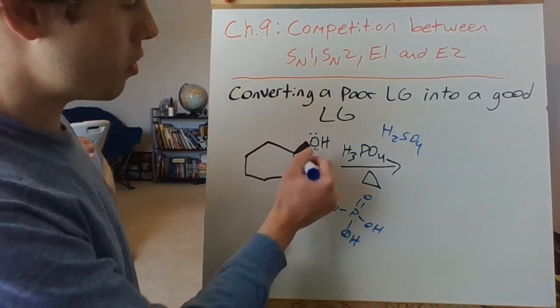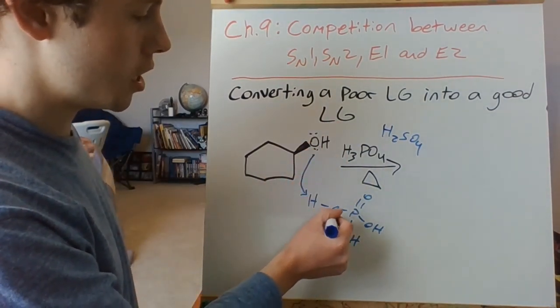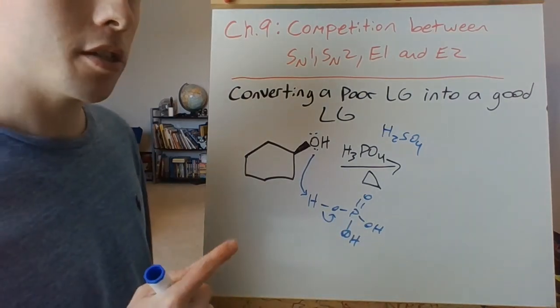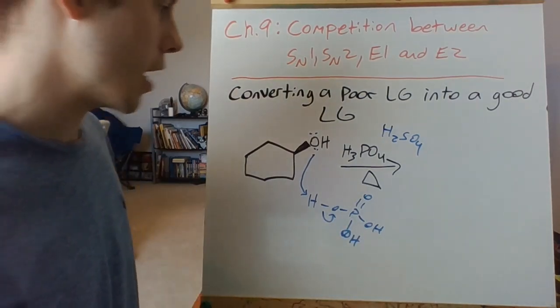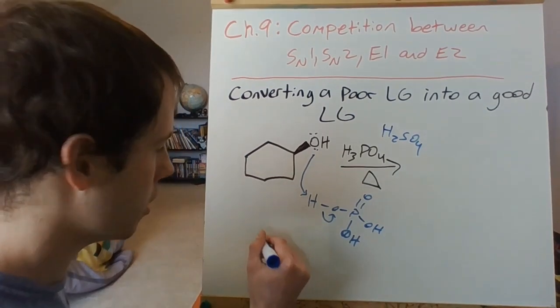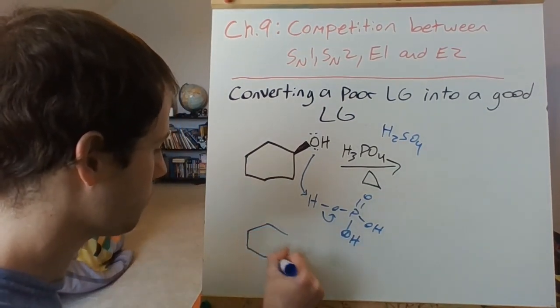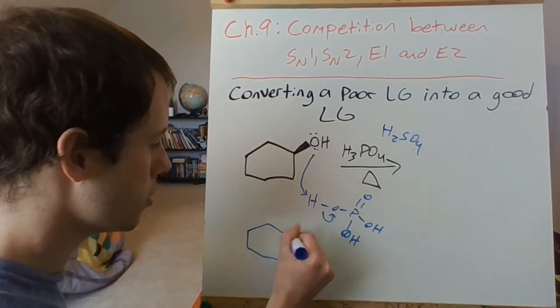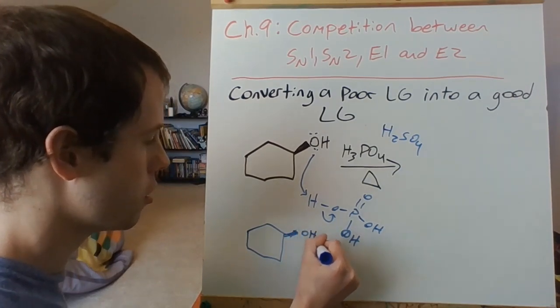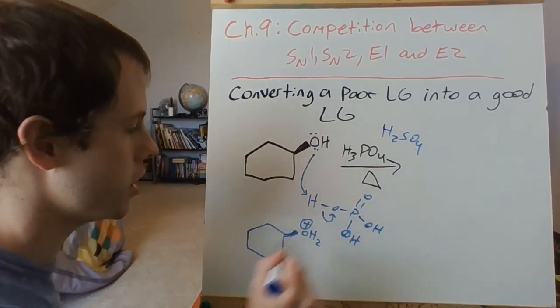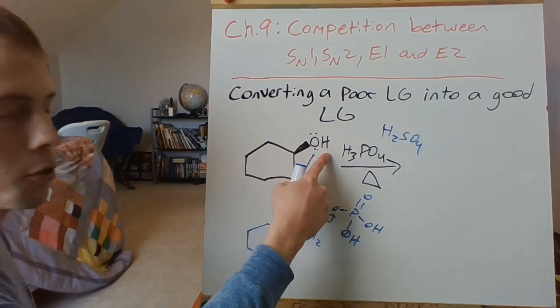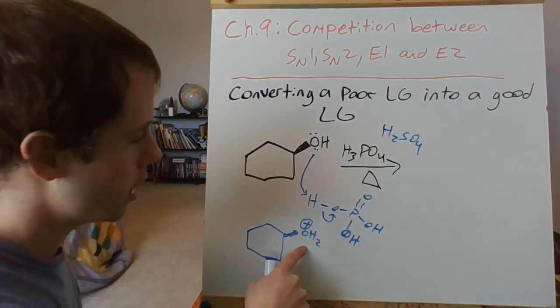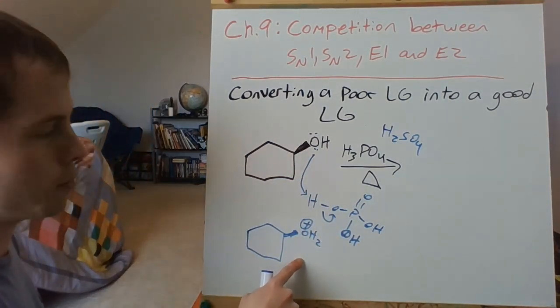So if we take our alcohol, we come and grab this hydrogen here and kick off the rest of our phosphoric acid piece. And so then we get to our protonated alcohol shown here. And so we've gone from a bad leaving group to a good leaving group. And now we're ready to continue with the rest of our mechanism.